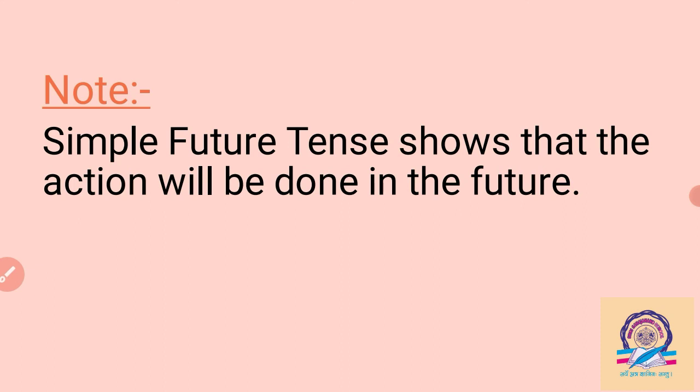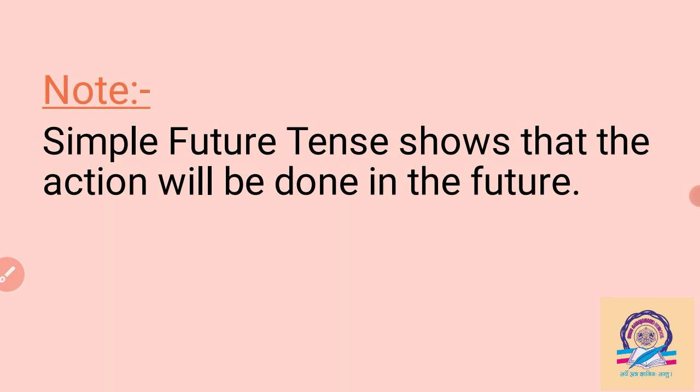At the time of speaking, the work has not started here; the work will happen in the near future. It means tomorrow, in the evening, at night, or after one week, one month, one year. The work we are going to do in the near future, or that will be done at a later time, but at the time of speaking, the work has not started.